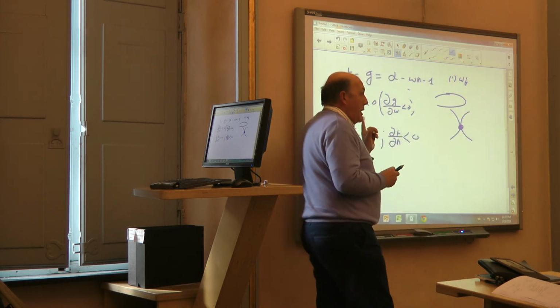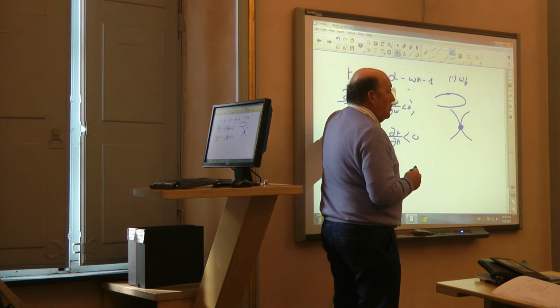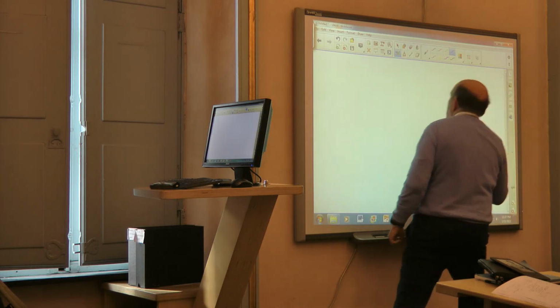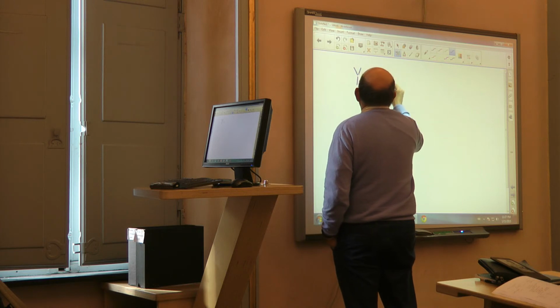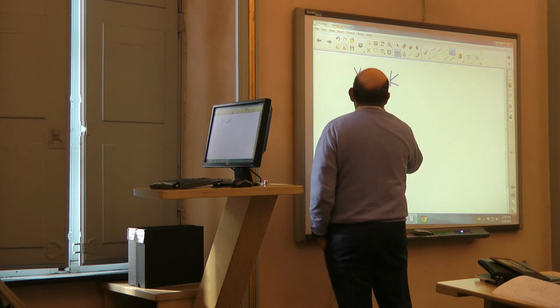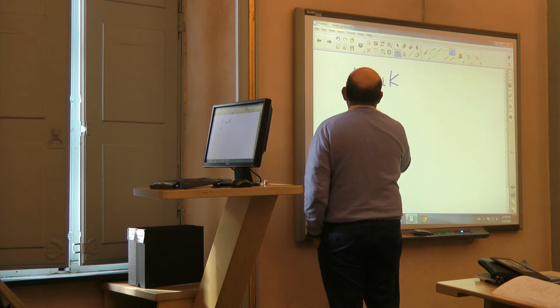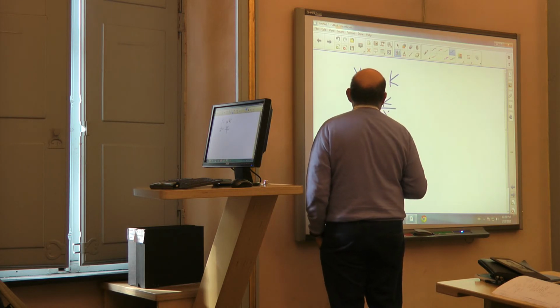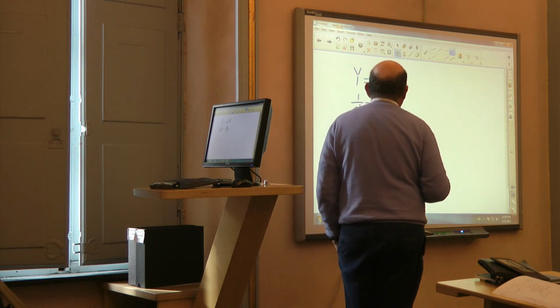Therefore, Marx argued, this thing will actually go down, because alpha is output over k: output is alpha k, so 1 over alpha is k over y, the capital output ratio.